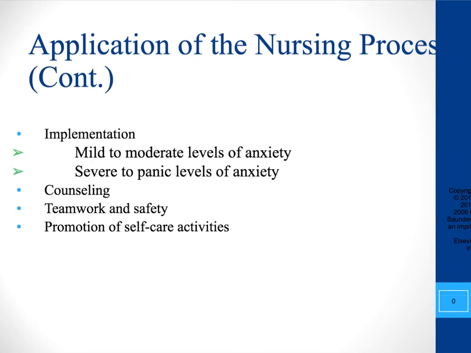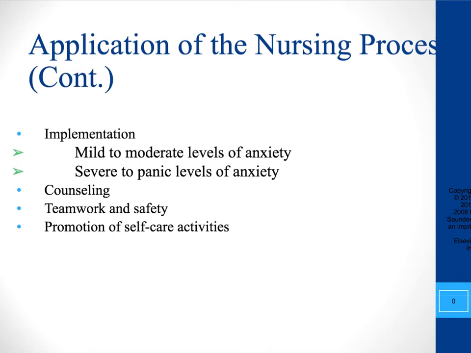When it gets to the severe or the panic levels, again, they have a poor grasp of what's going on with them, and they can't control or solve problems, and sometimes they're just out of control of their actions. So we want to make sure they have a safe area, that they feel safe, and that we are definitely meeting all their basic physical needs, so they don't go into a form of exhaustion.